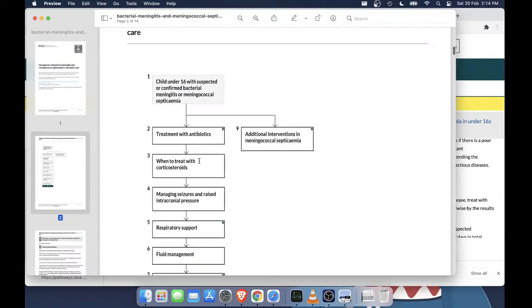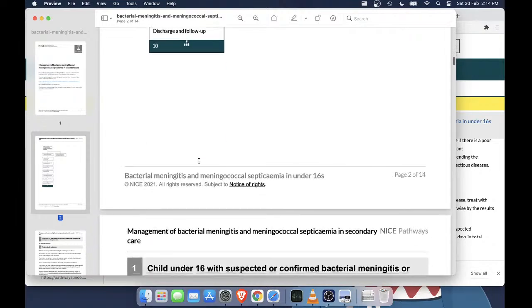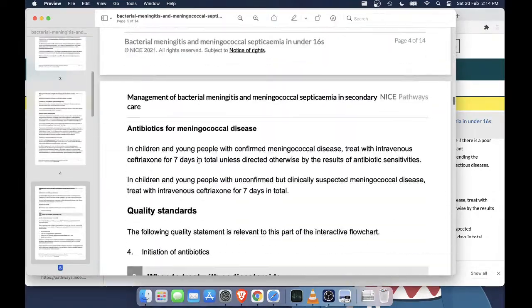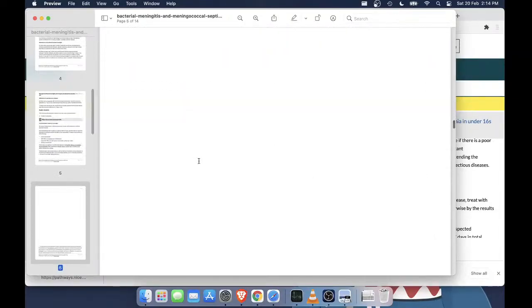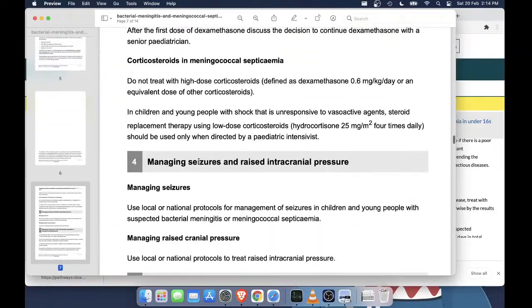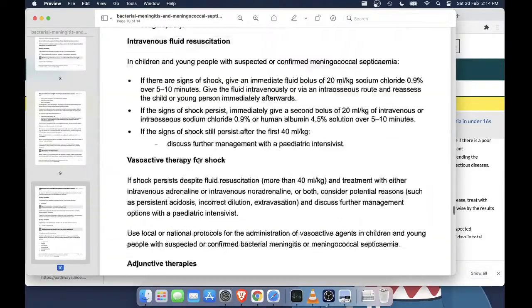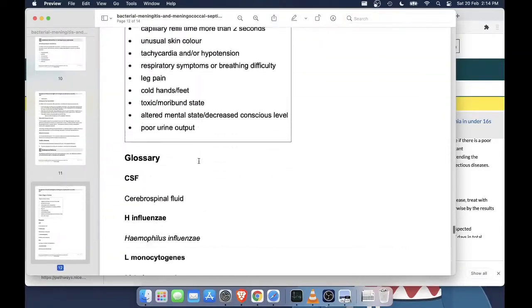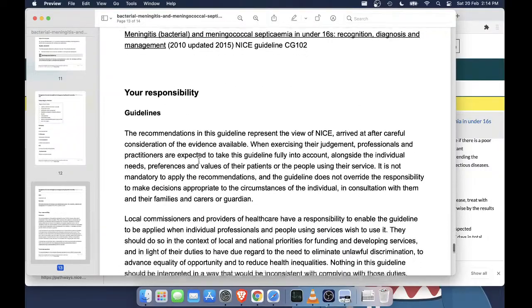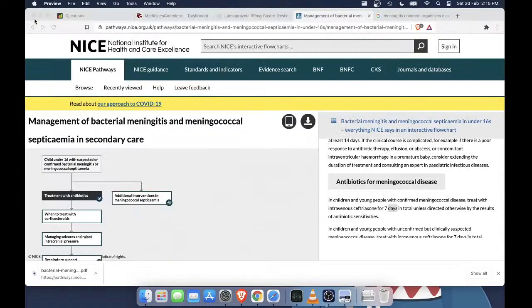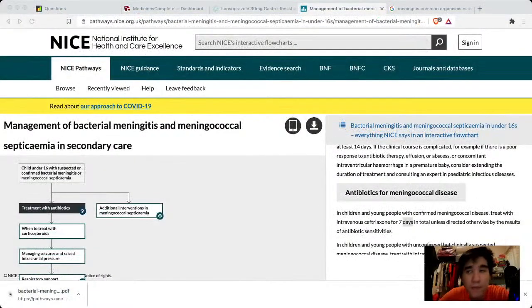Management, treatment of antibiotics, additional investigations. Where are the common organisms? It's not here, is it? No, it's not here. Common organisms, where are you? It's not here. Oh well, switch back.